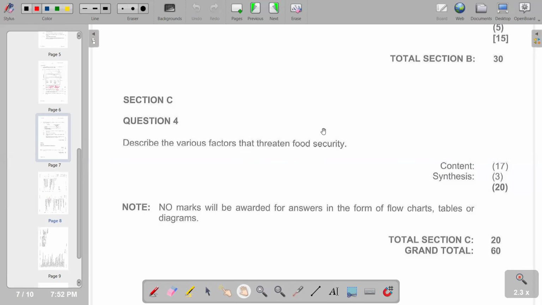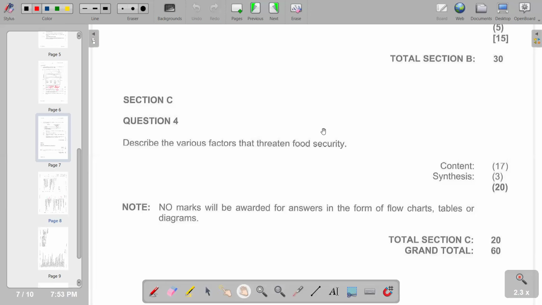We are going to see that we have various points that we can include within that context. We can talk about rapid population growth affecting food security. We can call it human exponential population growth, which may result in domestic consumption of food being more than its production.